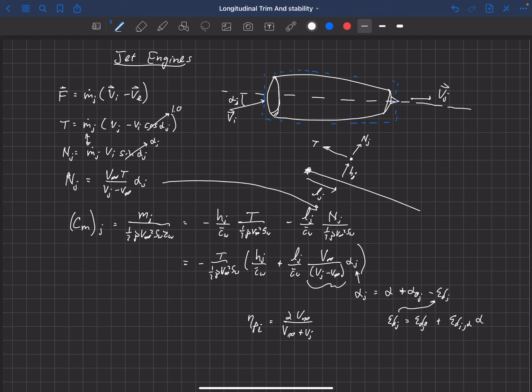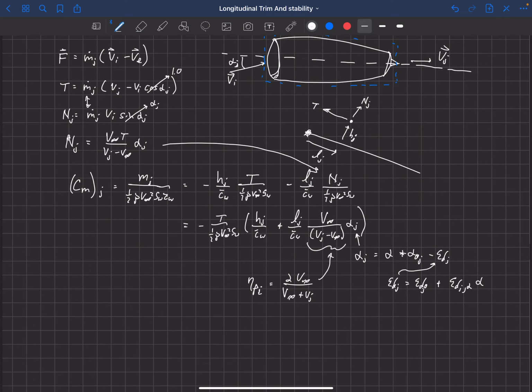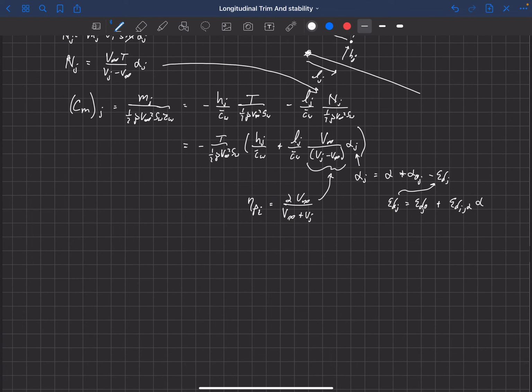And so we can actually rearrange this, and I won't work through the math, but we can rearrange this to write this term in terms of the ideal propulsive efficiency instead of the velocity at the jet exit. Okay, so when we do that, what we get here is that this whole thing. Well, actually, let's even take this one step further.